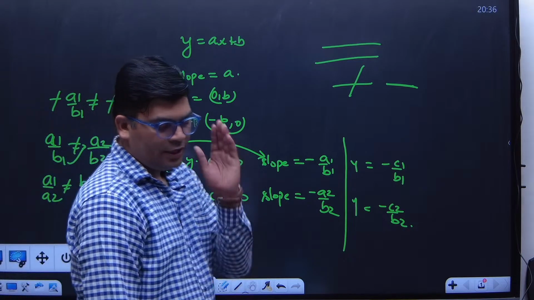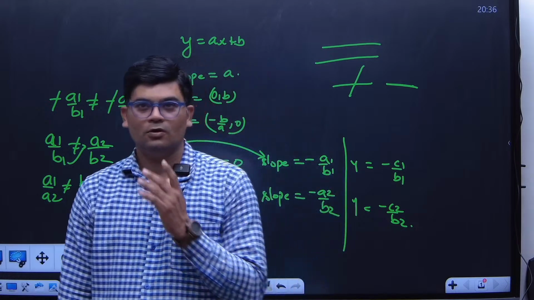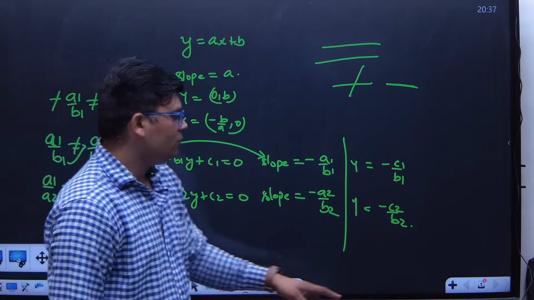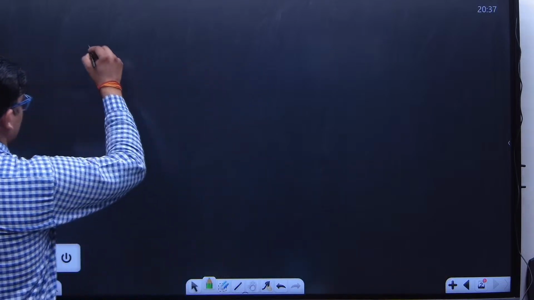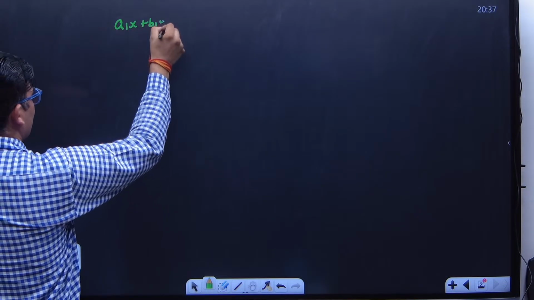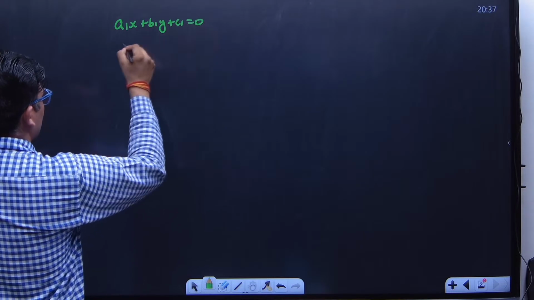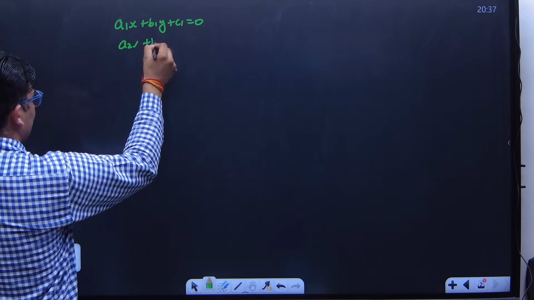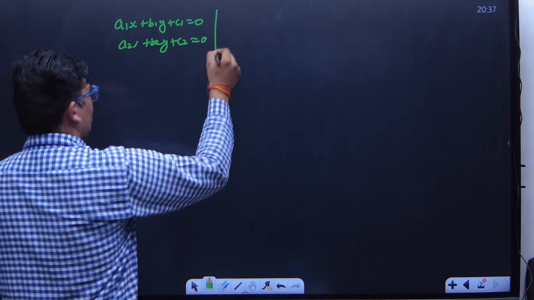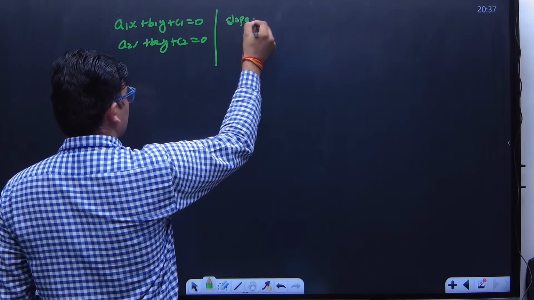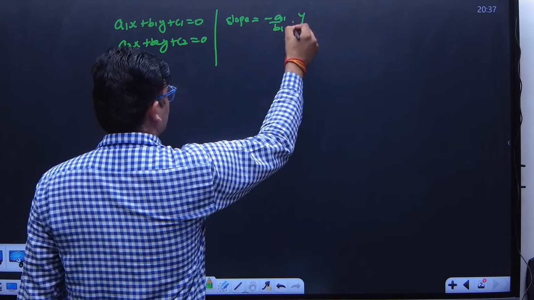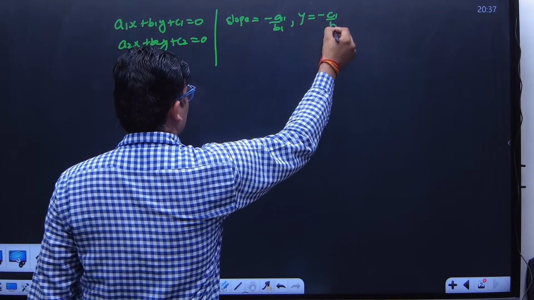Understood? Any doubt? No. Okay. So such pair of lines, I am going to tell you again here. If we have a line a1x plus b1y plus c1 is equal to 0, and a2x plus b2y plus c2 is equal to 0, the slope is going to be minus a1 upon b1, and the y-intercept is going to be minus c1 upon b1.